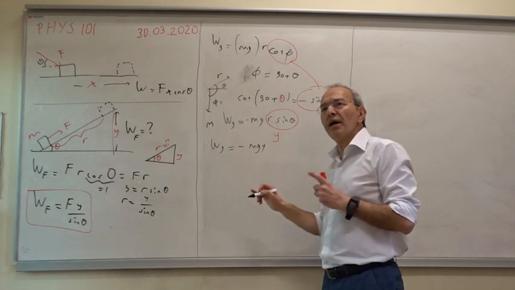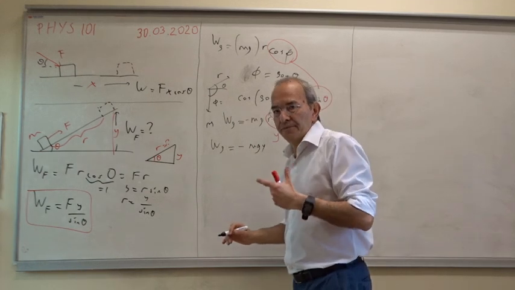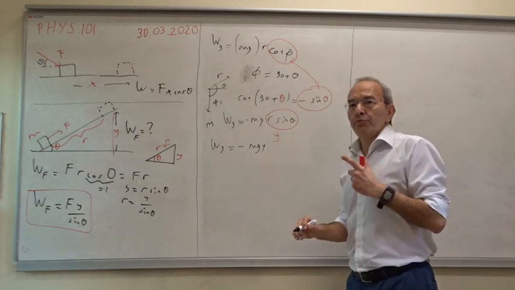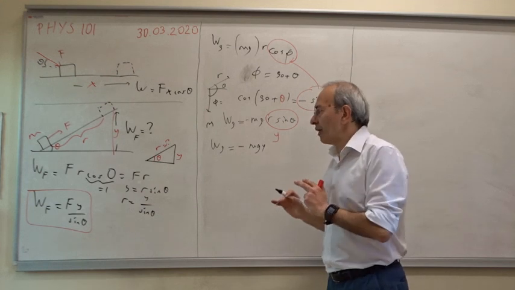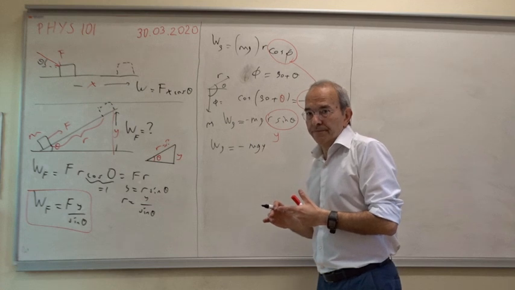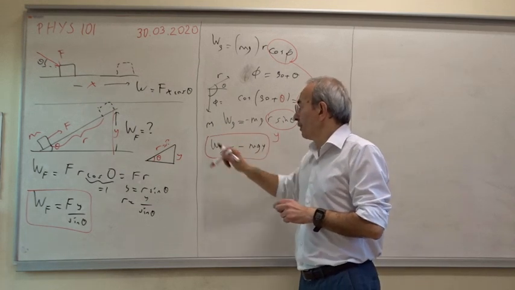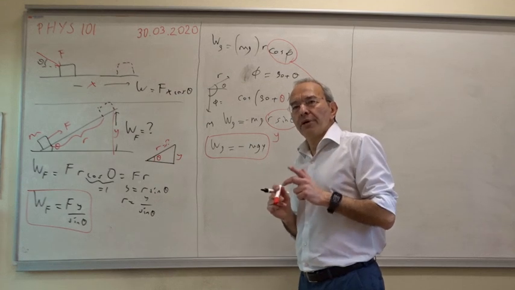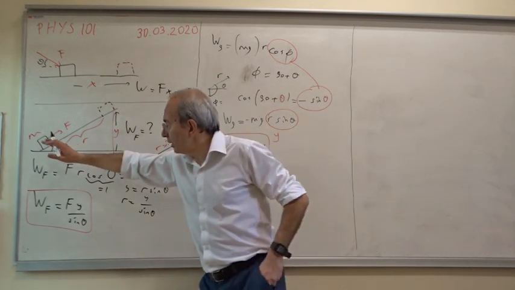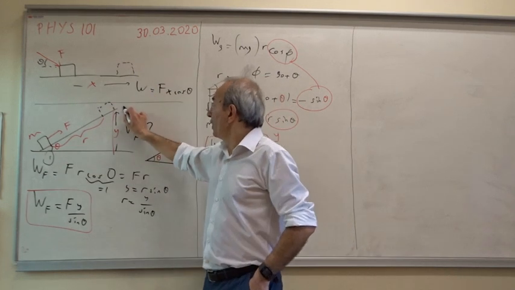Of course, you may remember minus mgy or just mgy as a potential energy. We will see soon what the potential energy is. But right now we don't know it, and we only talk about the works done by different forces. So this is the work done by gravity during this transportation from initial position 1 to the final position 2.